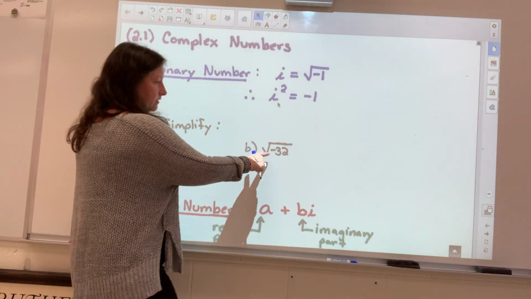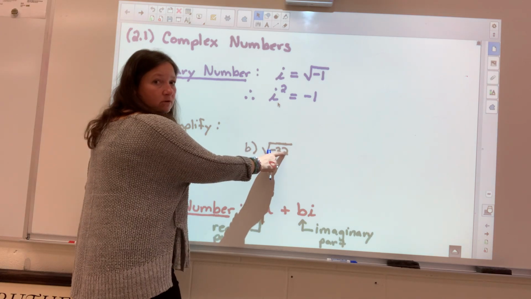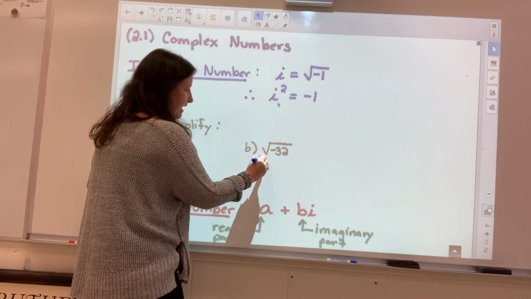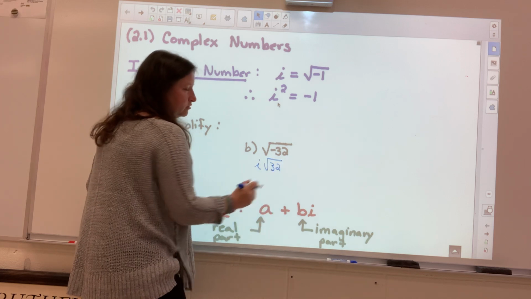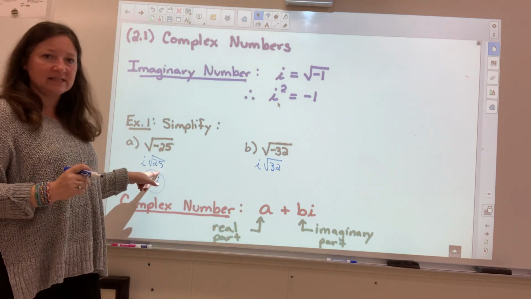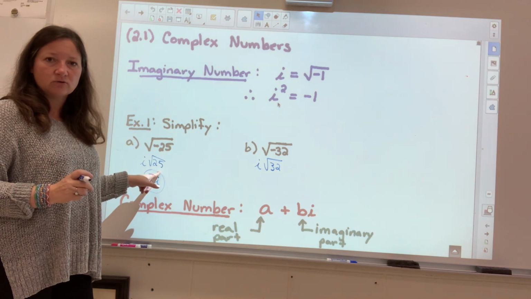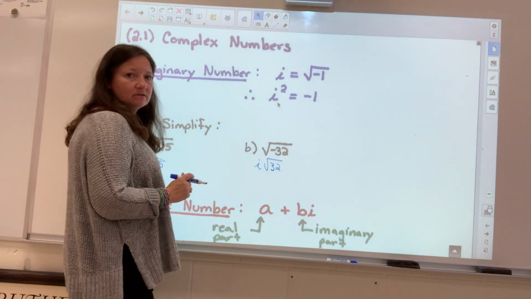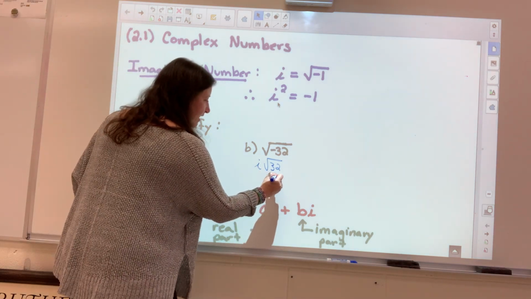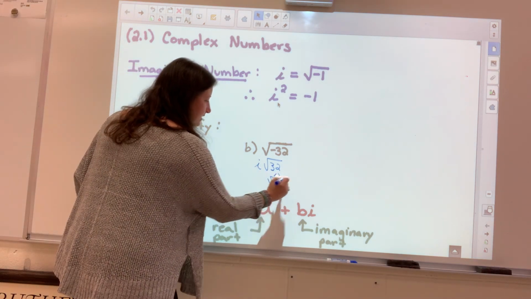Over here, square root of -32, we're going to take the negative out by taking an i out, and that leaves me with the square root of 32. Now that's not a nice, quick square root like square root of 25, but we can still simplify it. How does it? We break it apart. We're going to find two factors that make 32.